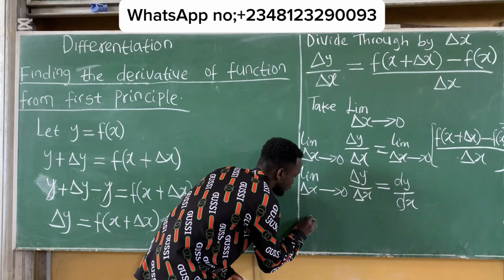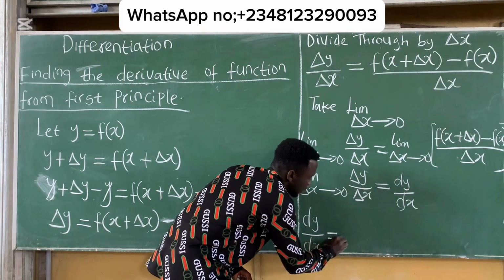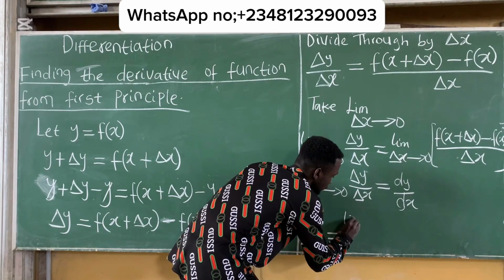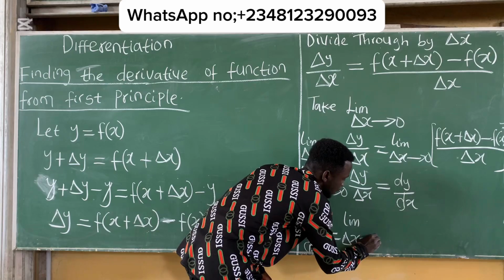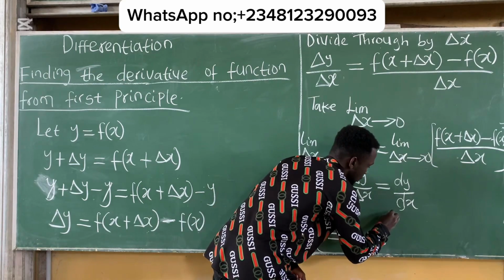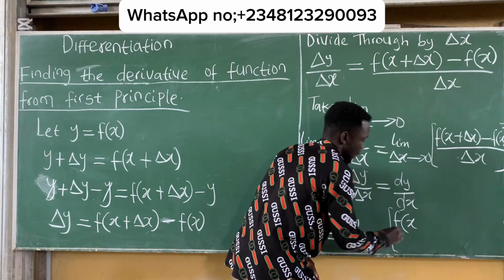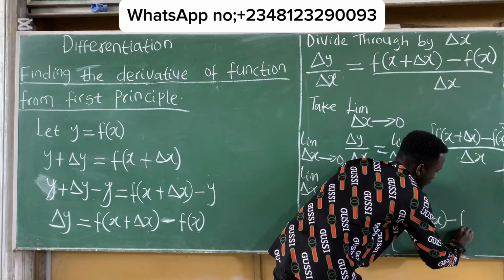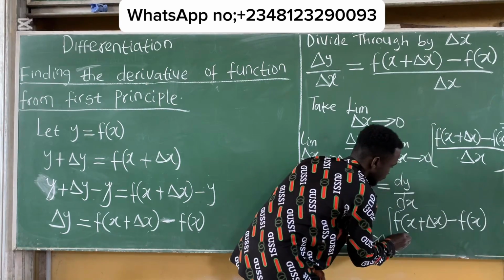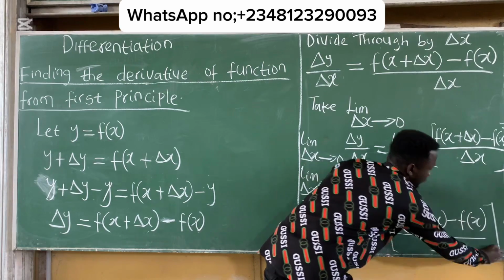So we are going to have dy all over dx equal to the limit as delta x tends to 0 of f of x plus delta x minus f of x, everything divided by delta x.